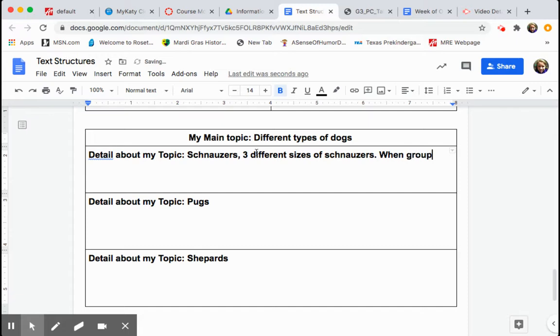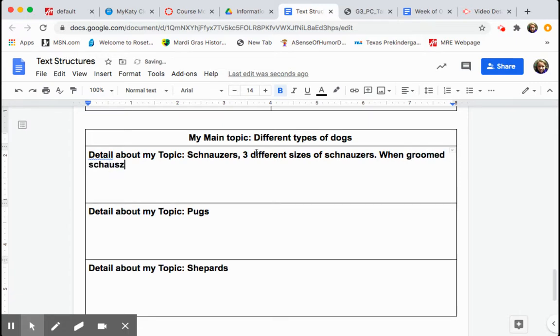I could also tell you that when groomed, schnauzers have neat, I won't say neat because that's more of an opinion. I'll say schnauzers have a beard, bushy eyebrows, and a skirt.